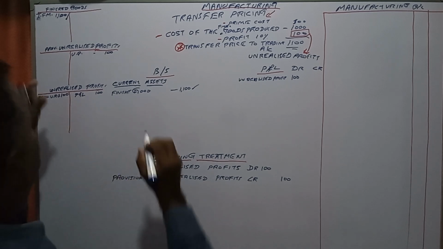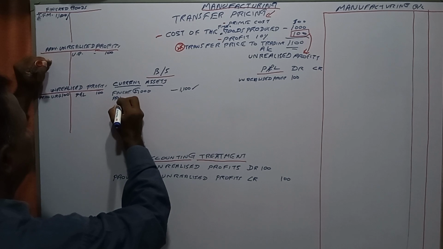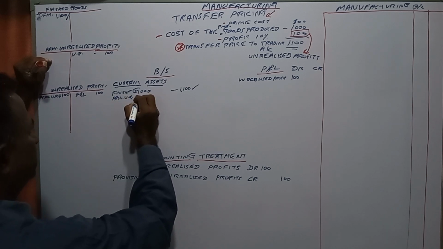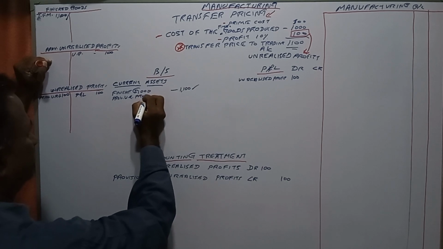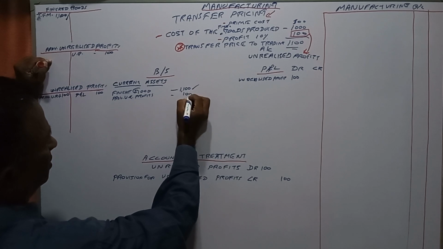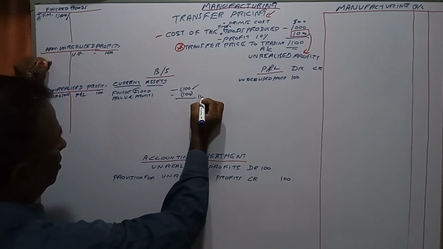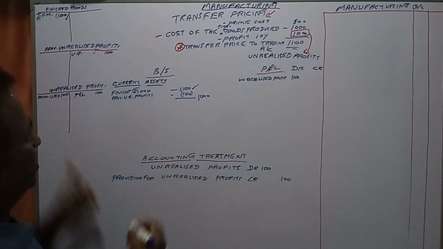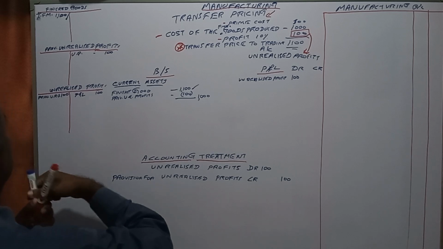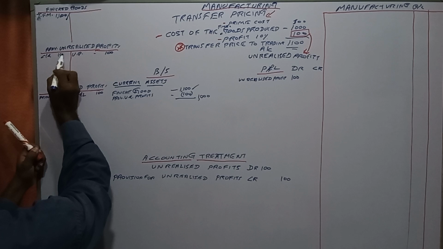So unrealized profit in finished goods, provision for unrealized profits. You will deduct 100, then show 1000 as the cost of finished goods. So this will be carried down balance 100.